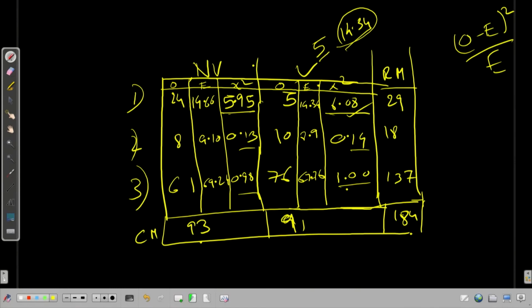Similarly, the next highest value is 5.95. Here our expected value is 14.66 and the observed value is 24. This also cannot occur by chance. If the vaccine did not have any effect, we would expect around 14.66 people to have that particular type of pneumonia for which the vaccine has been developed.